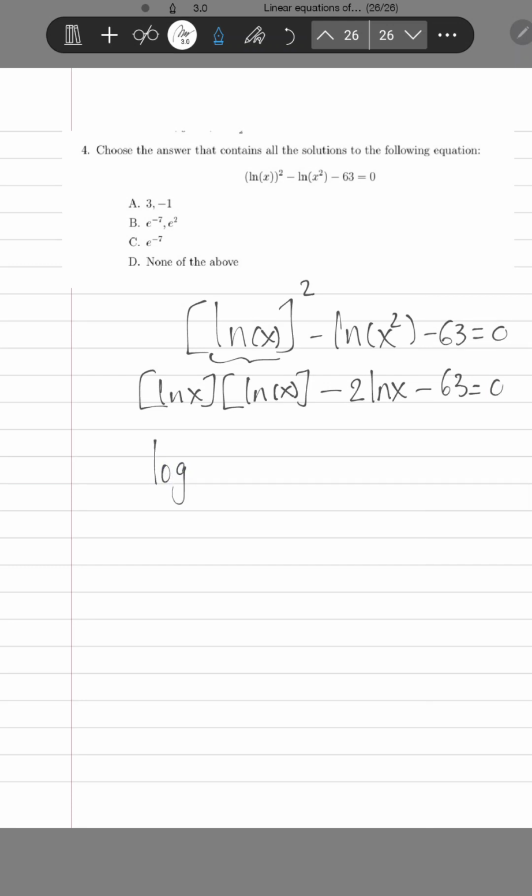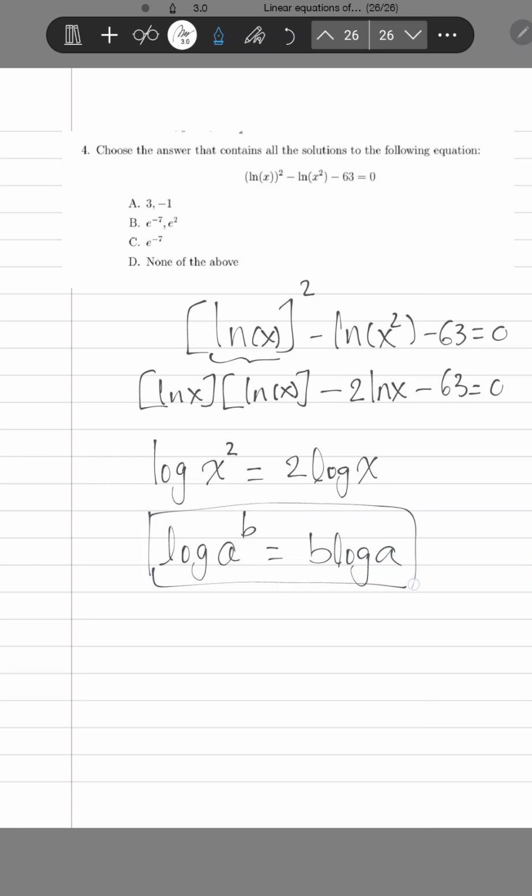Ln, or any natural logarithm x square, is 2 times log x, or simply log a to the power of b is equal to b log a. This is just a given rule.